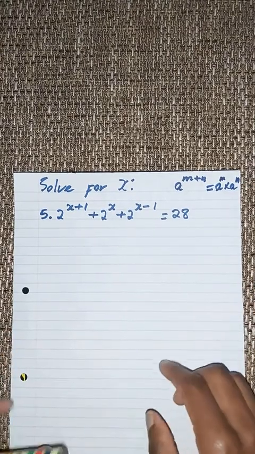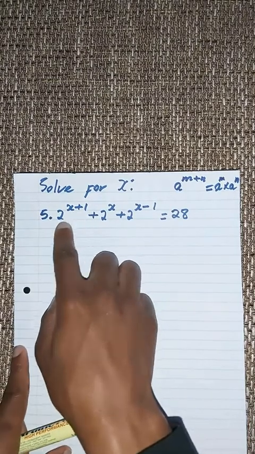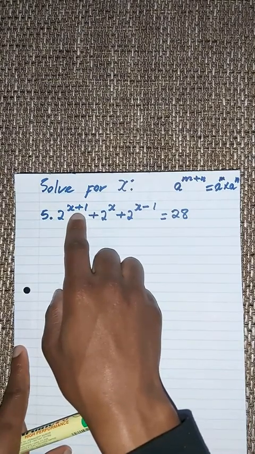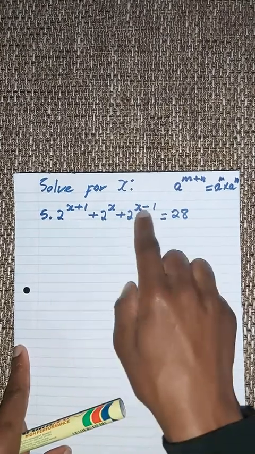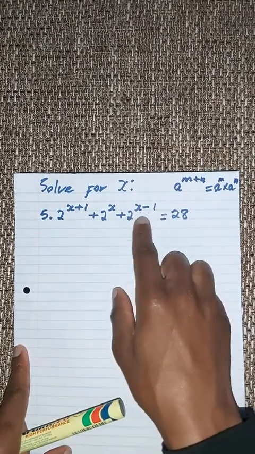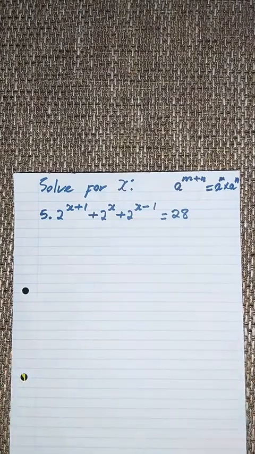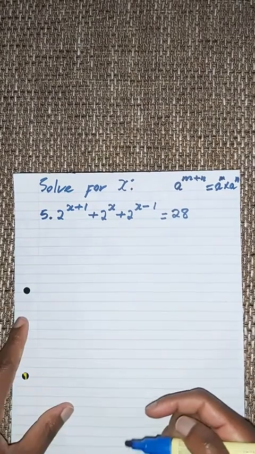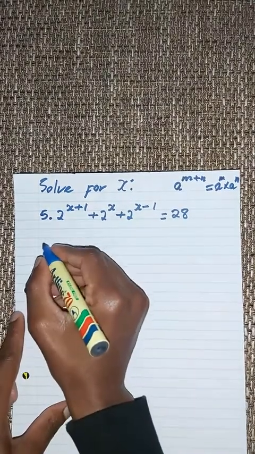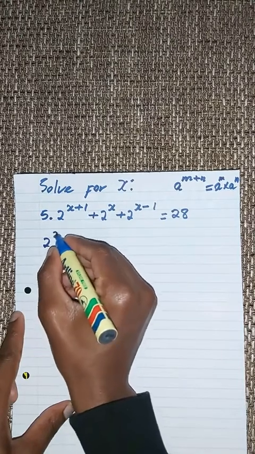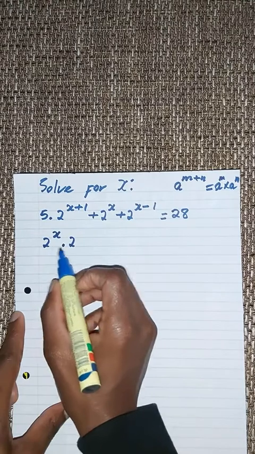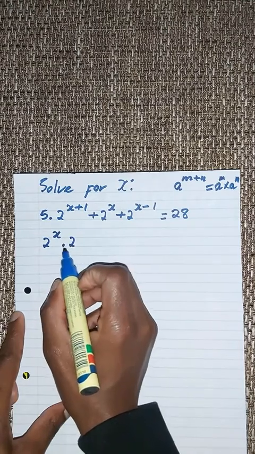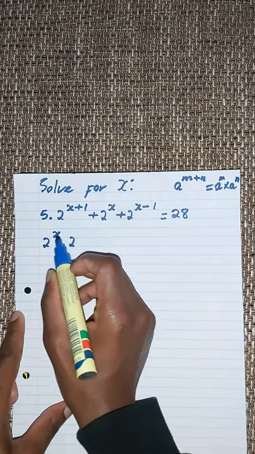So we're going to write the exponents of x plus 1 under the same base of 2 and the exponent of x minus 1 under the same base of 2. All right? Let's do that. So what we will have is 2 to the power of x times 2, right? We know that when we multiply these two bases, the exponents are going to add.